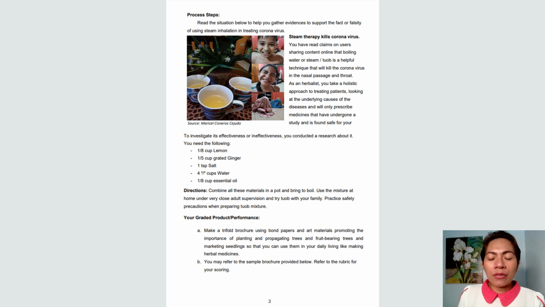So I will read the very short article. You have read claims on users sharing content online that boiling water or steam or tuob is a helpful technique that will kill the coronavirus in the nasal passage and throat. As a herbalist, please edit this part here.